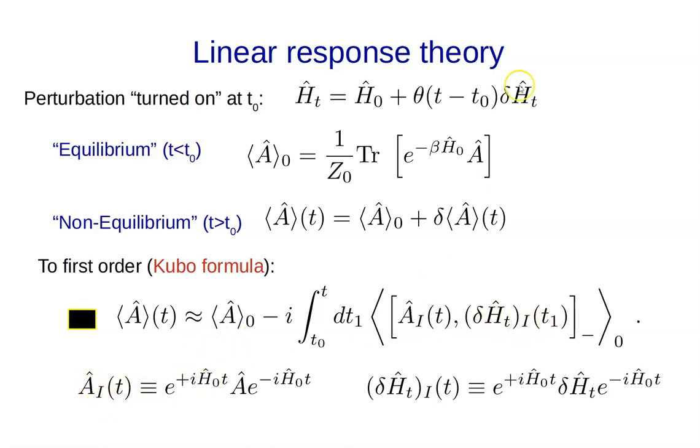Right, so I'll try to remember to put here a link to the class where we define the representations in quantum mechanics, in particular the interaction picture, where I evolve the operators with this H0 here. Okay, so let's see how we arrive at this formula, the Kubo formula, starting from this.